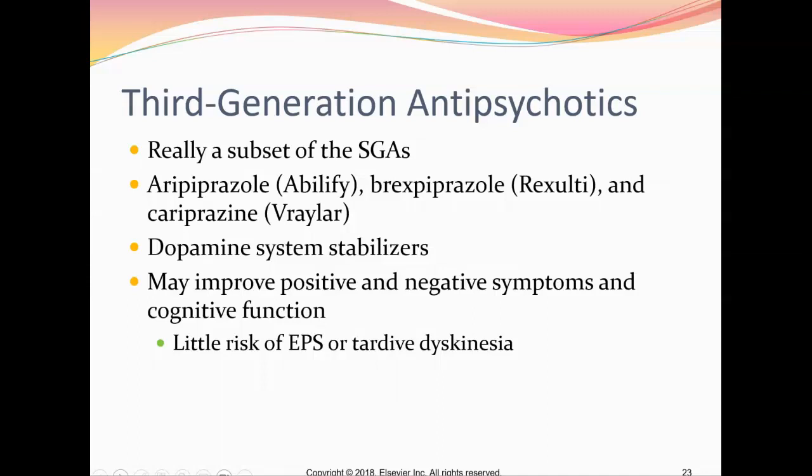Some people will call these our atypical antipsychotics. Aripiprazole is an example, Abilify. These typically will treat positive and negative symptoms of schizophrenia. And again, they don't have as much risk of the extrapyramidal side effects. We sometimes will see these used when they've not responded well to our typical antipsychotics, or if they've had significant side effects, and especially because we have little risk of the extrapyramidal side effects or tardive dyskinesia.